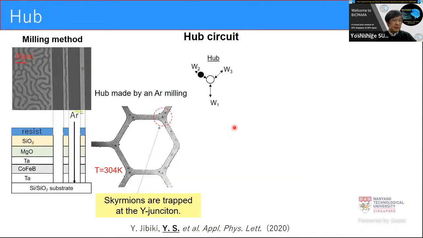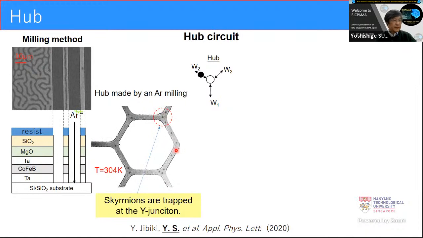At the beginning of our study, we constructed hubs by cutting the magnetic film into wires like this. For this case, however, we found that Skyrmions are trapped at the corner and cannot move freely.